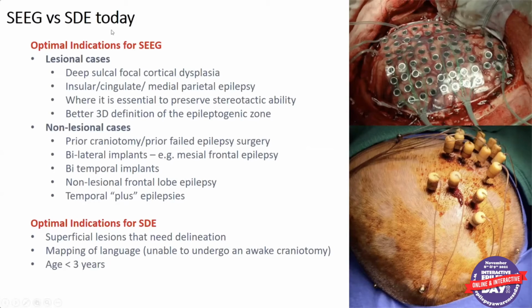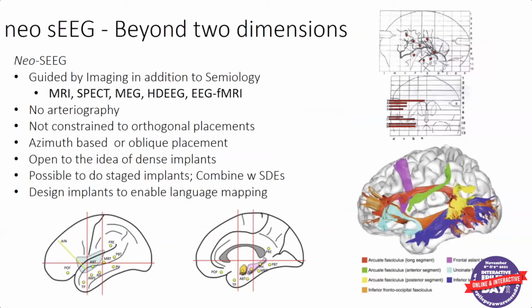And for the most part, as you can see, of the wide variety of indications for deep lesions, insular cingulate lesions, in cases where it is important to relate other three-dimensional data with SEEG, are all good indications for SEEG. And SEEG is especially valuable in non-lesional cases, in cases where there is no visible abnormality on imaging. Further, we've stretched SEEG in other ways where we are no longer constrained by the traditional orthogonal implantations to having oblique implantations.